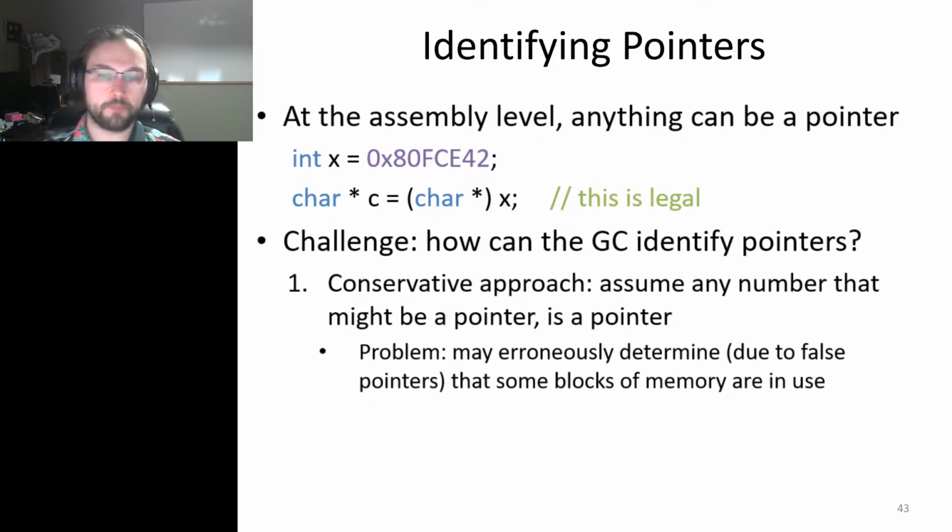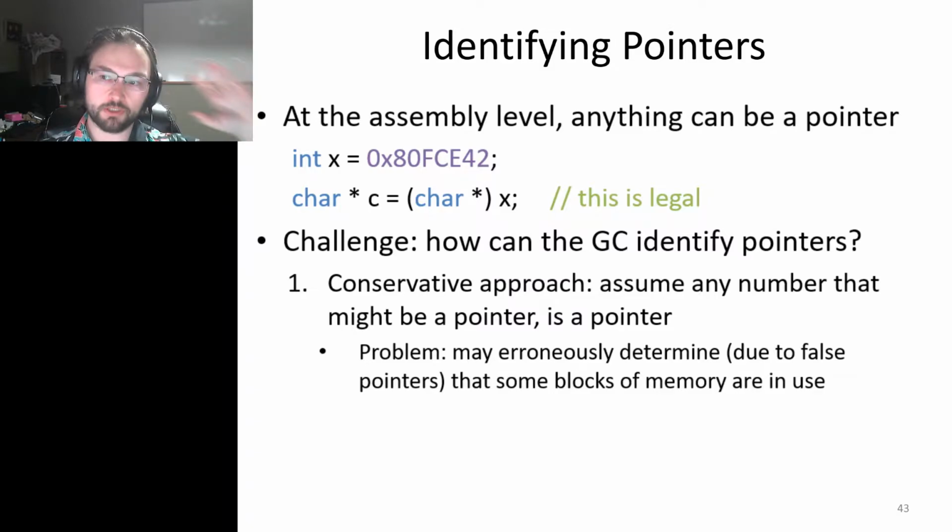Plan B, and what we would do if we actually wanted to build a garbage collector for C, is we're going to assume that anything that looks like it might be a pointer is a pointer. So we'll scan through the stack, looking at all the things that on a 64-bit system are 8 bytes long, the size of a pointer, and aligned at 8 bytes, a restriction that we have on a 64-bit system, where pointers are always going to be 8-byte aligned.